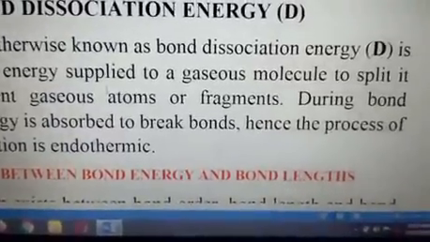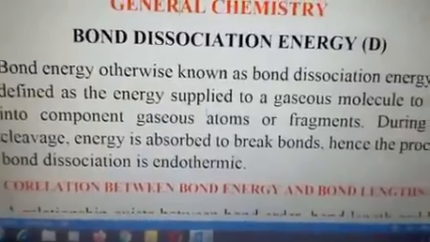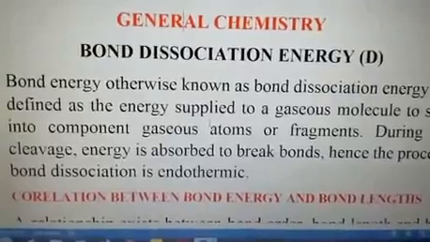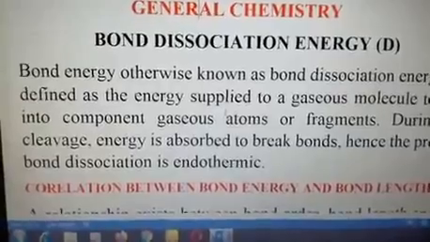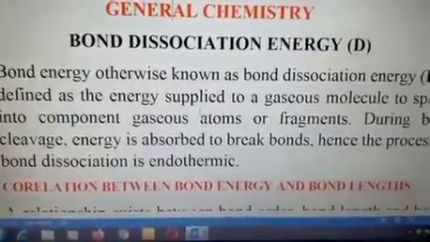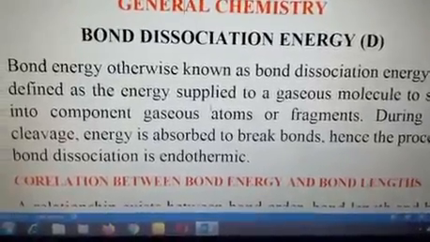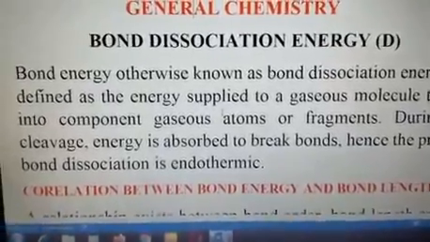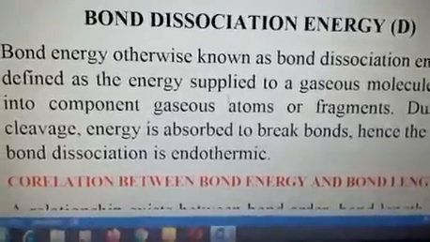Hence, the process of bond dissociation is endothermic. So what are we saying? Bond dissociation energy, otherwise known as bond energy, is the energy required to split the bonds of a gaseous molecule into gaseous atoms. This process is an endothermic process because energy is absorbed to break bonds.